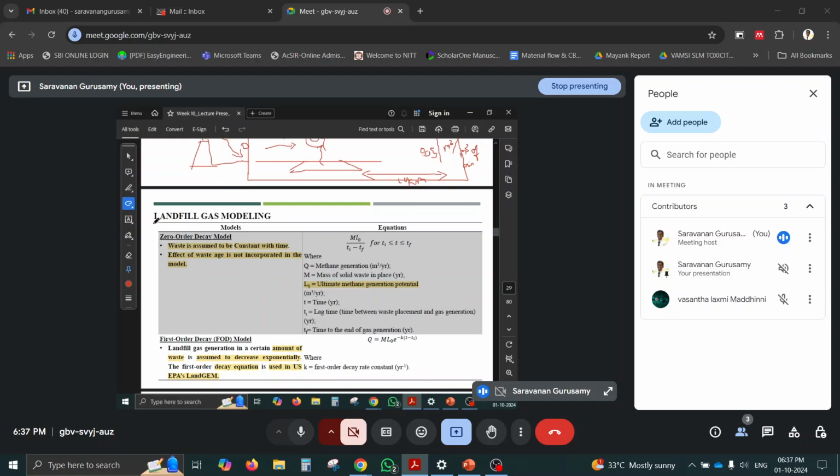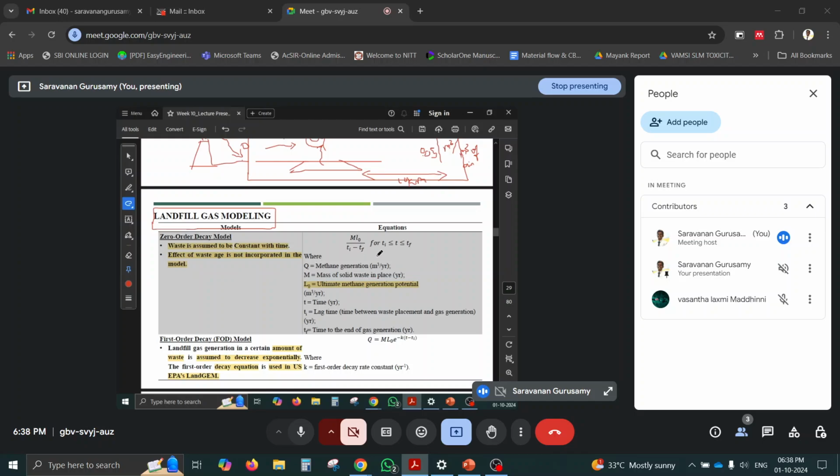Okay. So now, for landfill gas, we have important modeling mechanisms. All the models should follow an order, just as every chemical reaction follows one order. Consider a zero order decay model: waste is assumed to be constant with time, so the quantity of waste is always constant and the effect of waste age is not incorporated in the model.